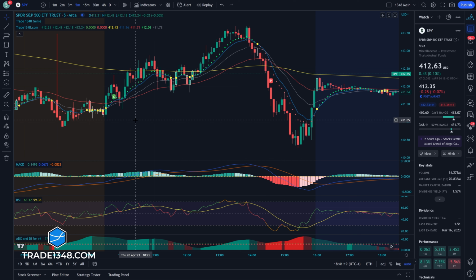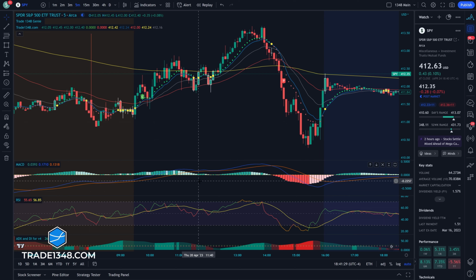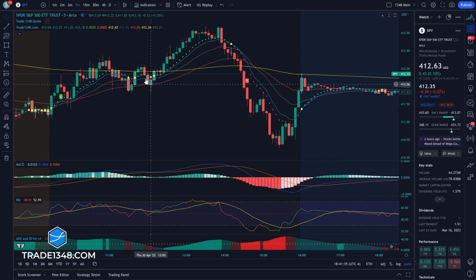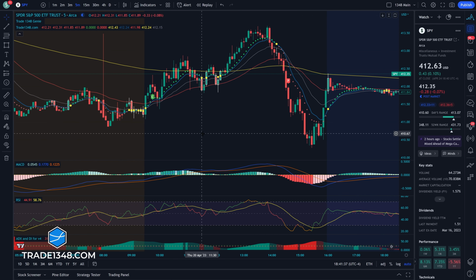But if you believed in the 13/48 crossover, it would certainly have guided you through the entirety of the play. Again, we use these indicators to help us plot our thesis and help us understand what's happening within these candles, to help us better enter and exit.